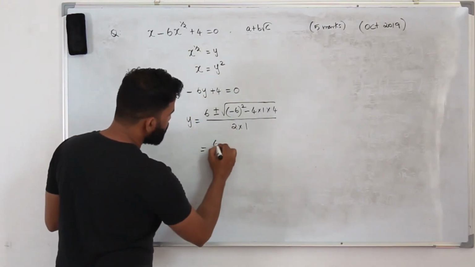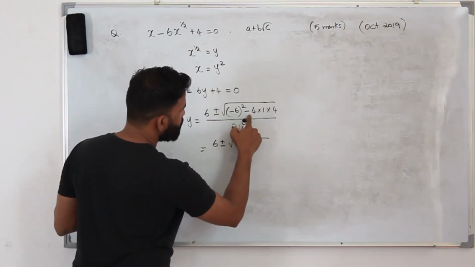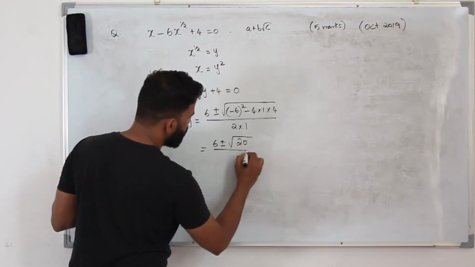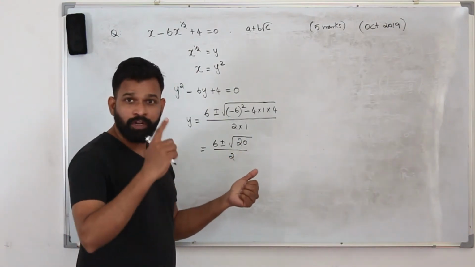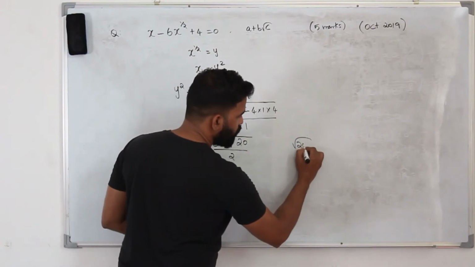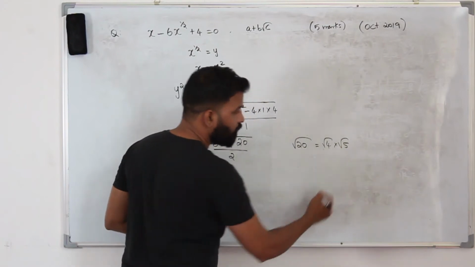When you simplify this, 6 plus or minus square root of 36 minus 16, which is 20, upon 2. 20 can be written as 4 times 5. In thirds we learn if you have 20, you can write it as square root of 4 times square root of 5.